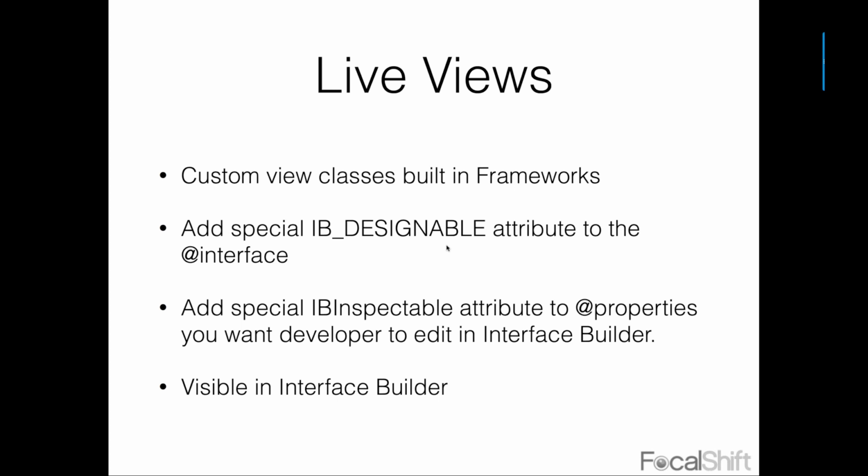The other attribute that is provided to you now is something called IB_INSPECTABLE. This is an attribute that we can apply to any property that's part of our subclass of UIView. And IB_INSPECTABLE allows us to interact with those properties of our class at design time inside the attribute inspector of Xcode. So we'll see that as well.